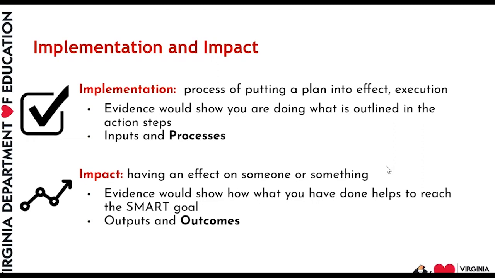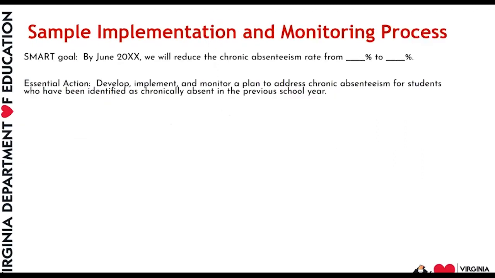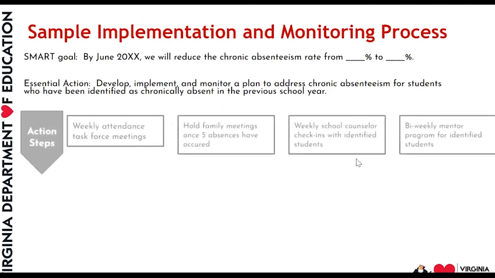Then we have one more quick example, and we'll just walk through this one. This one's done for you, but just a different example instead of using SOL data. So if your SMART goal was to reduce chronic absenteeism, right? Essential action: develop, implement, and monitor a plan to address chronic absenteeism for students who have been identified as chronically absent in previous years. So that's my SMART goal.